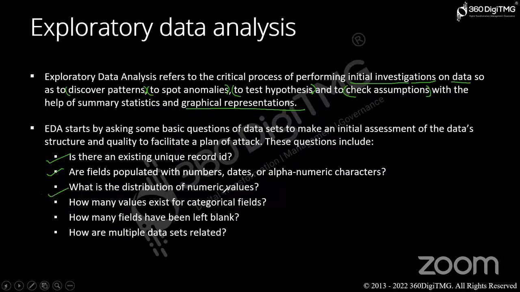What is the distribution of your numeric values? How many values exist for categorical fields? How many fields have been left blank? How are multiple data sets related? So based on this, you can perform your EDA. These are the questions generally asked when you perform your EDA.